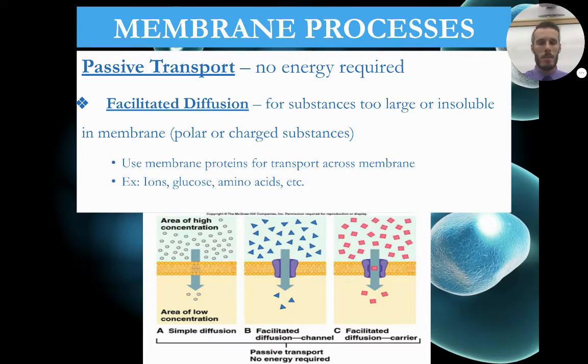Some examples of things that use these transport proteins are ions, which are charged, glucose, which is polar, and amino acids, which can be polar or even charged. Just like with regular diffusion, facilitated diffusion will also go down the concentration gradient.